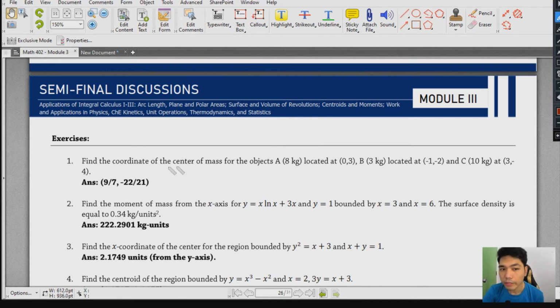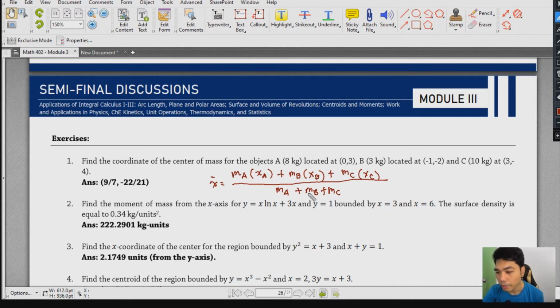The center of mass can be calculated by using the mass of a certain object, let's say mass of A, multiplied by its x coordinate, then the mass of B times its x coordinate, and then mass of C times the x coordinate of C. Then you divide this by the sum of all the masses that you have. So this is the center of mass that could be solved from this given.